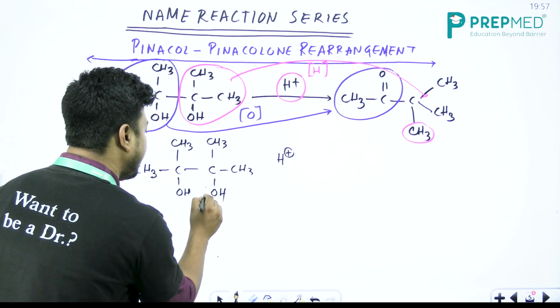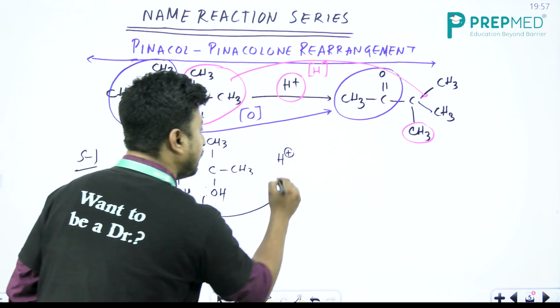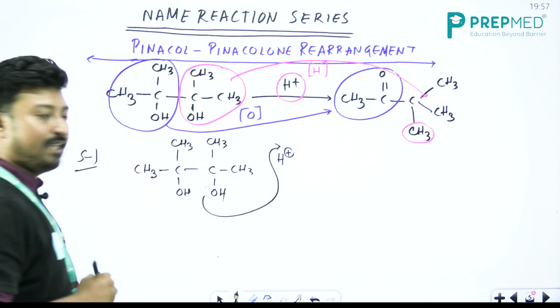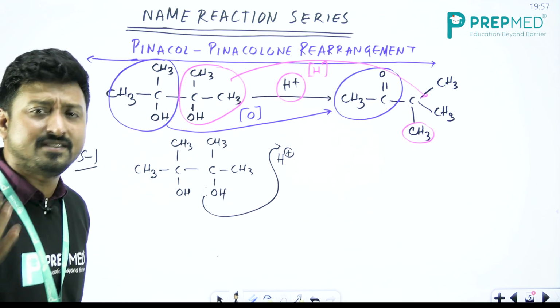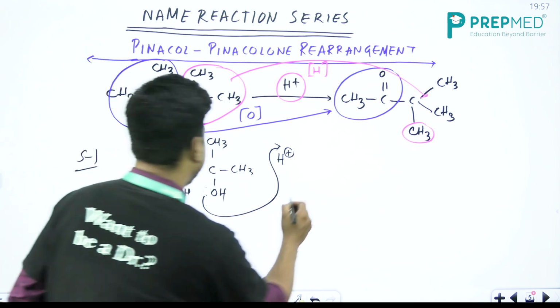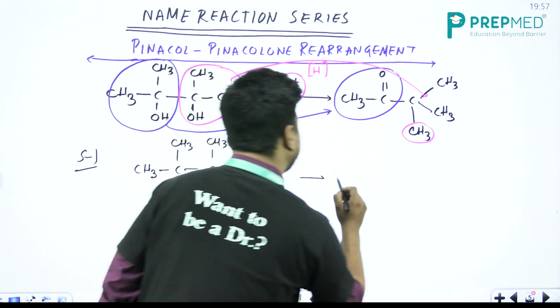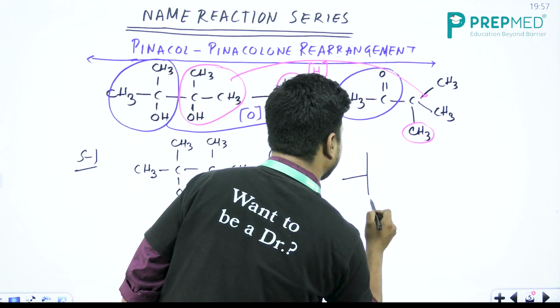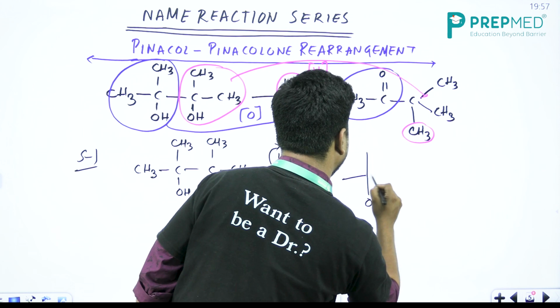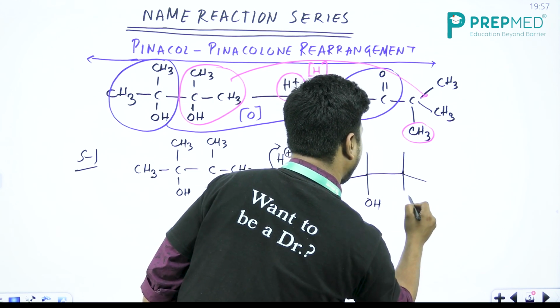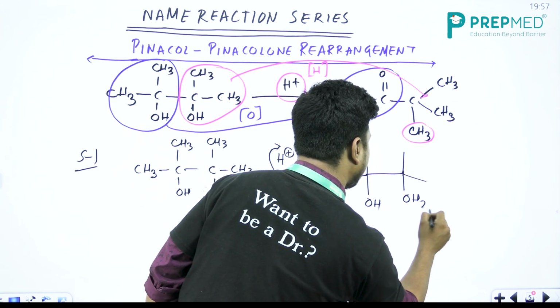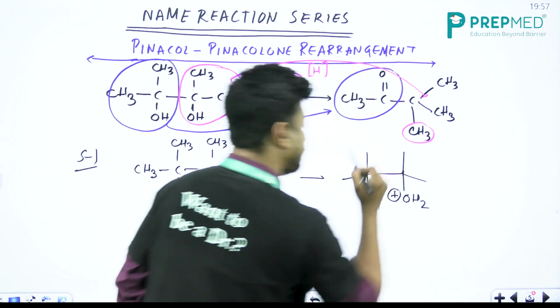Now what will happen? The lone pair of electrons on this OH will capture the H plus, as we see in the hydration mechanism. So what will we get in the next step? OH2 plus is generated, and it's very important.